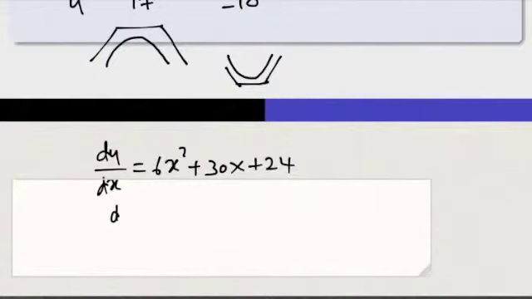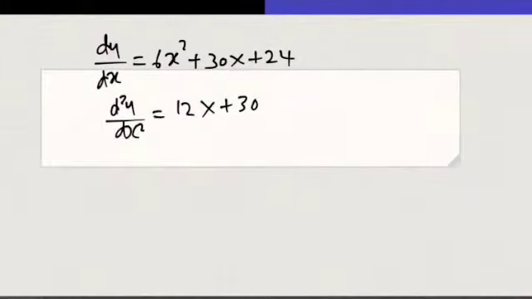So let's differentiate it once more to see if there are any points of inflection. So d squared y/dx squared is 12x plus 30.